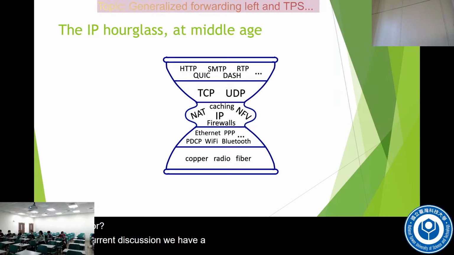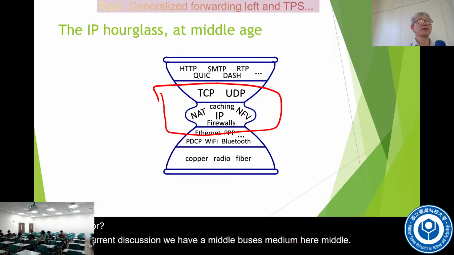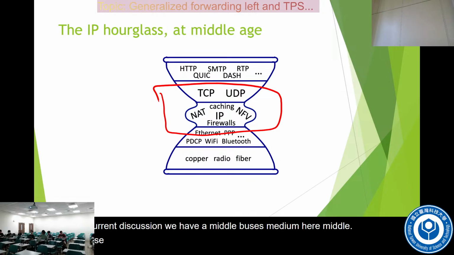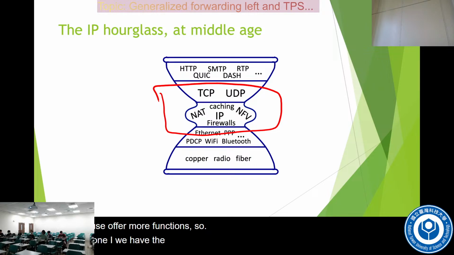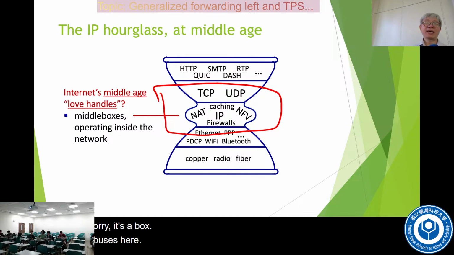Middle, here, middle. Because of more functions, sometimes we have extension. So it's not a normal thing. And so it's a box. Many boxes here. And sometimes many boxes here.